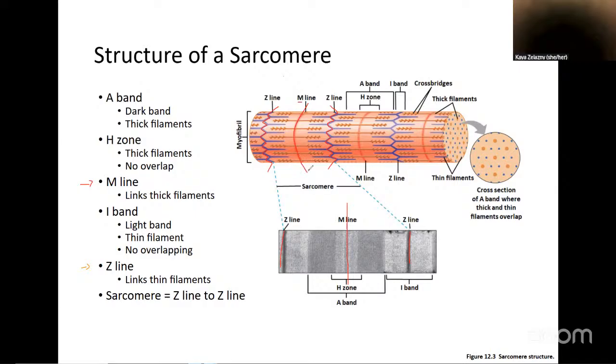Now, what I also like about the Z line and the M line is that in addition to giving us our endpoints of the sarcomere versus the middle of the sarcomere, they also both link together one of our types of filaments. So this M line in the center, you can see, is holding together all these things that look kind of like wheat. Those are our thick filaments.